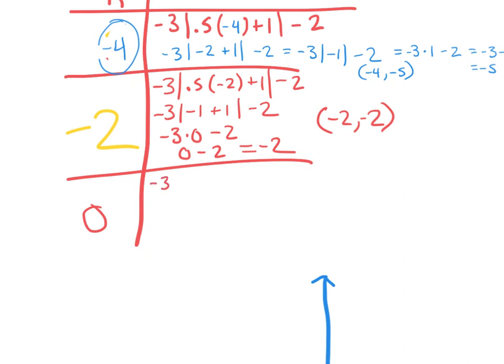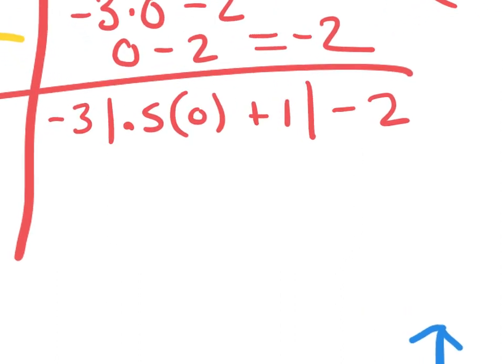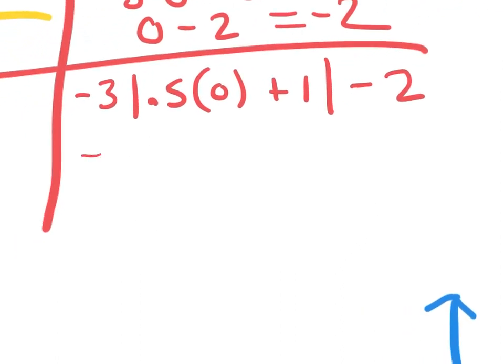So we have -3 times 0.5 times 0 plus 1 minus 2. Alright, what's 0.5 times 0? 0. And what's 0 plus 1? 1. What's the absolute value of 1? 1. What is -3 times 1? -3.